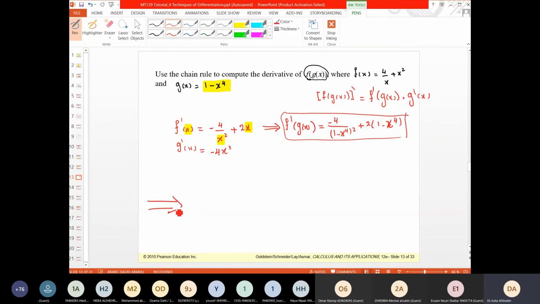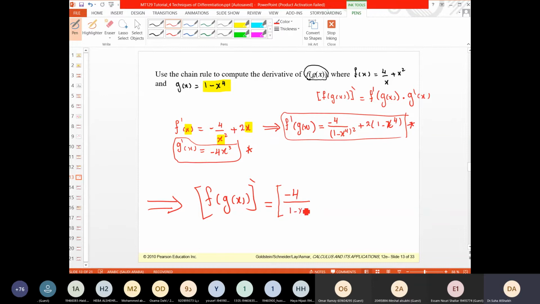So this implies that the whole derivative of F with G of X inside it is equal to this multiplied by this. It's F dash of G times G dash. So it's actually big amounts we have.